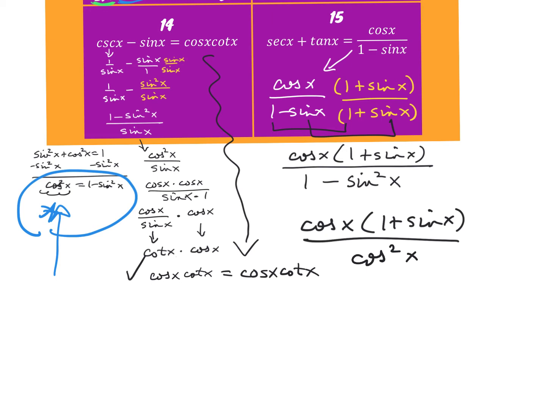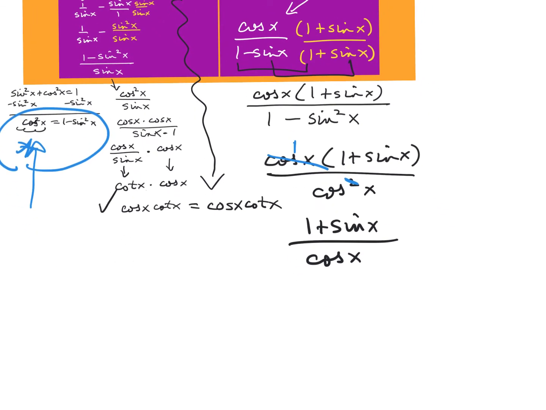Now what I'm going to do is simplify. So I can simplify, take this cosine away, make it a 1, and change this to just the cosine x. So now I have 1 plus sine x over cosine x. Now what we have to do here is think backwards of an addition problem. What I'm looking at right now is the answer to something that was added.